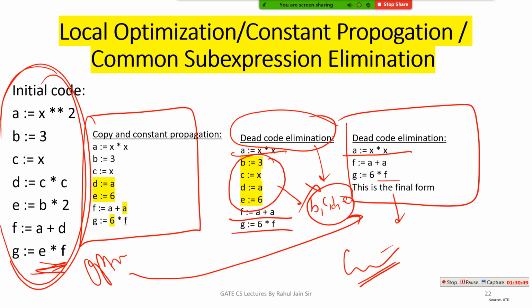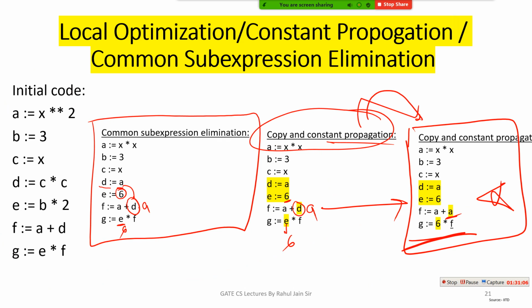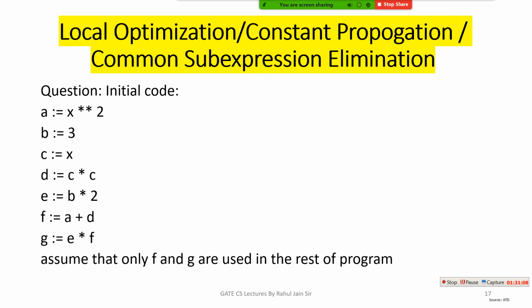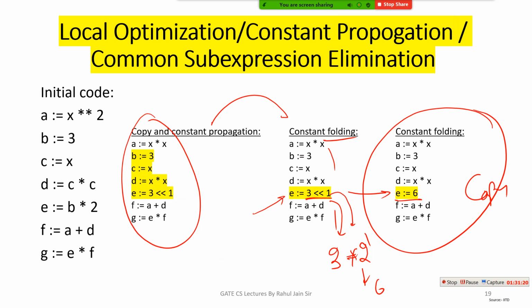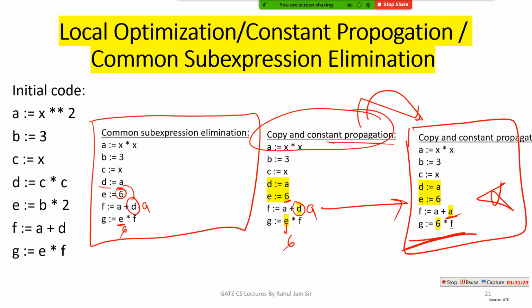Because I need to take at least the values of a, f, g, since in my problem statement itself it is given that we assume that only f and g are used in the rest of the program. That is why I can't replace it. Is it okay, Shivang?